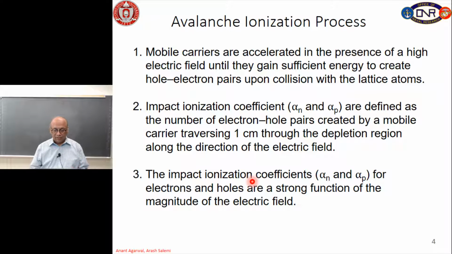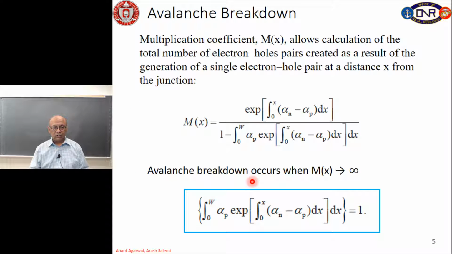And it's easy to understand why alpha n and alpha p would be strong functions of the electric field, because the higher the electric field, the higher energy they gain, and they can create more electron hole pairs as they traverse the high field depleted region of the p-n junction. So, a multiplication coefficient is defined as the total number of electron hole pairs created as a result of generation of a single electron hole pair at a distance x from the junction.